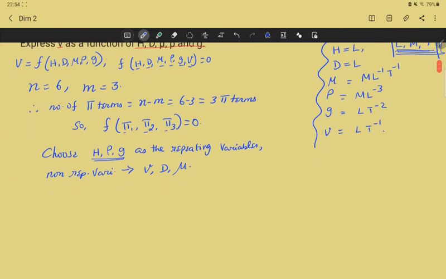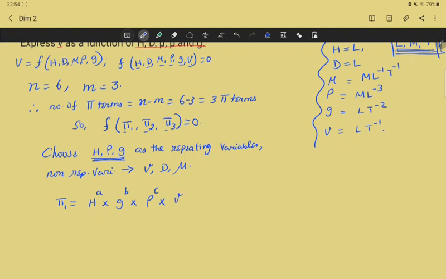Now let us write the pi terms. Pi 1 equals h power a, all the repeating variables, times g power b times rho power c times v as it is. So this is equation number 1.